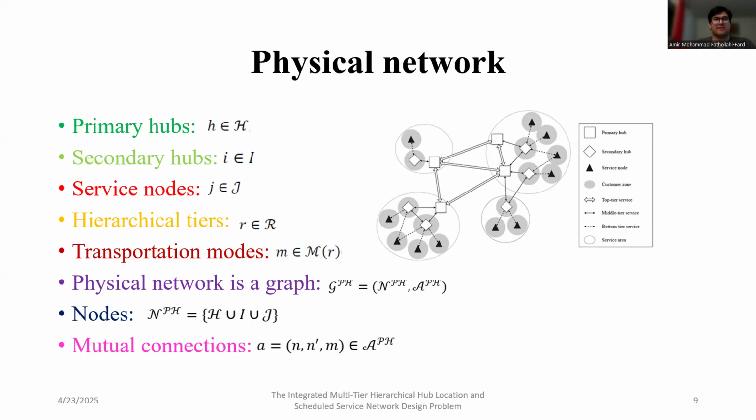And we have transportation modes, where there are different transportation modes for the movement between the tiers. As I said, for example, for the movement from Vancouver to Victoria, we have only the sea transportation mode, or the ships, which provide the movement from Vancouver to Victoria.